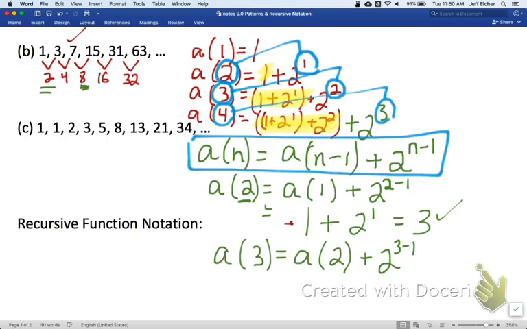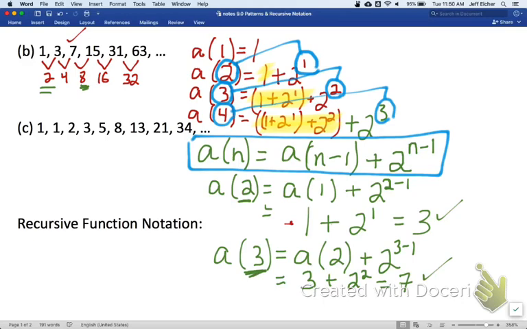The term we're on is 3, n is 3, minus 1 is 2. So the term before it is 3. So the third term, the term before it is 3, plus 2 squared, and that would be 7. So our third term is 7.